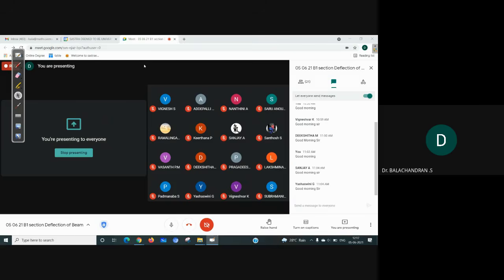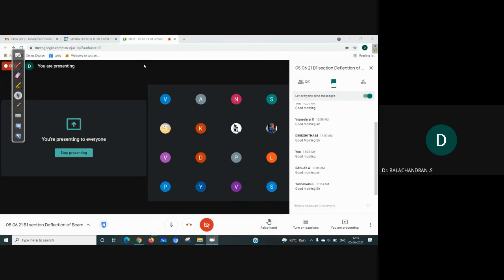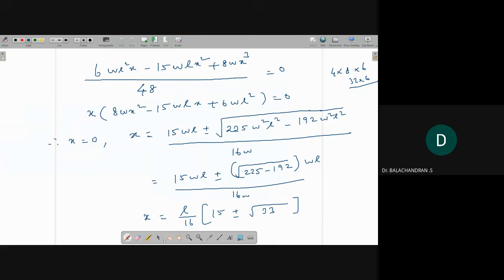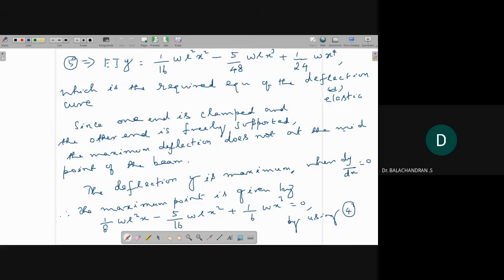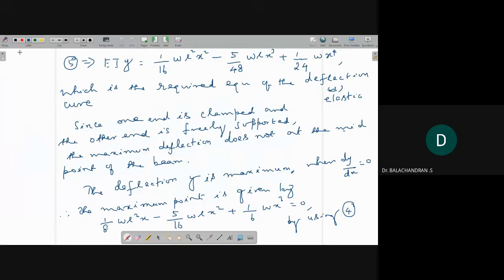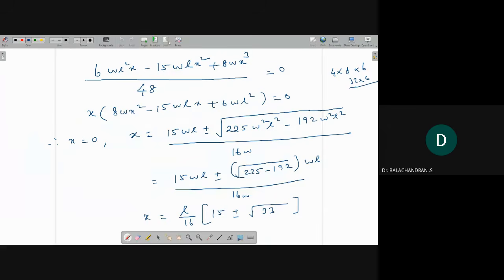I know that if you try, you can tell. You have the capability. Otherwise, I'll give you one hint. It will exceed the length of the beam, sir. It will cross the limit of L. If it is plus, then it will increase.